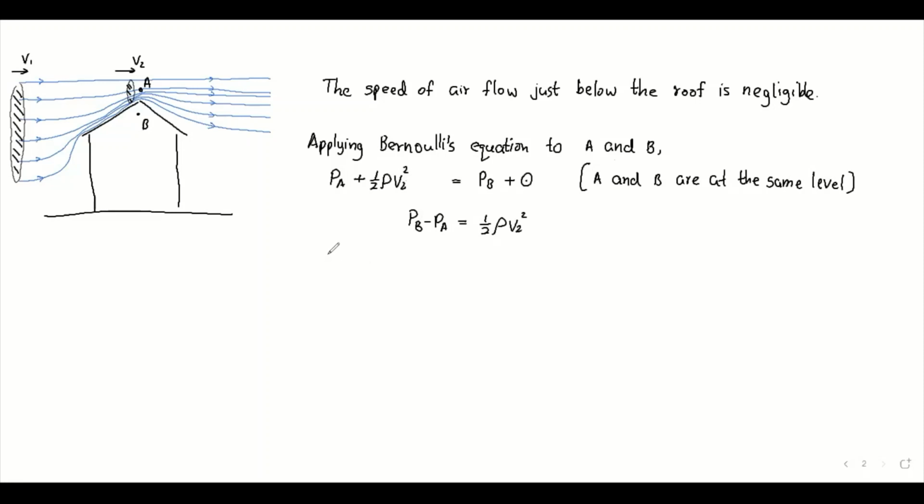So we can say area of the roof, if it's capital A, then you can say the force acting upwards on the roof is equal to PB minus PA into A.